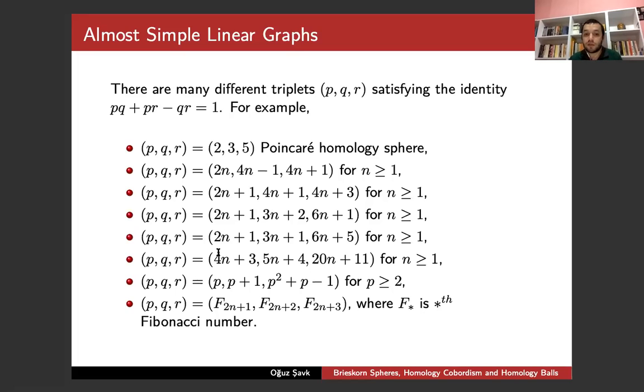The singularity (P+1, P²+P−1, ...) can be obtained by −1 surgery on the torus knot T(P, P+1). The last singularity is also very interesting. It comes from Fibonacci numbers and has very complicated invariants. Actually here, the first triplet is again the Poincaré homology sphere.